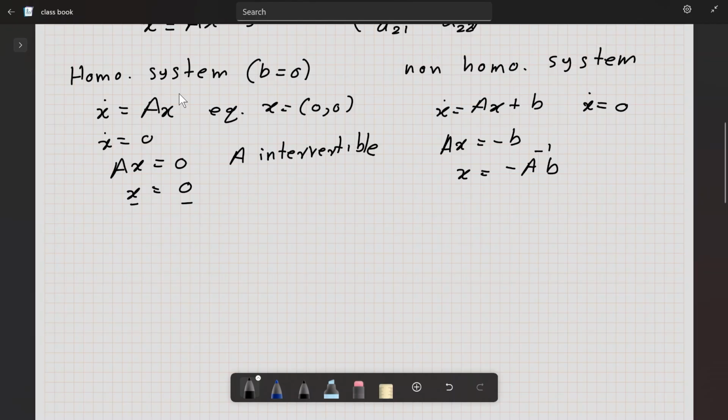We need to consider the qualitative behavior of this system. It depends on the matrix A. I take this equilibrium point as x star and put y equal to x minus x star. If you differentiate, y dot is equal to x dot minus 0, so x dot is equal to Ax plus b.